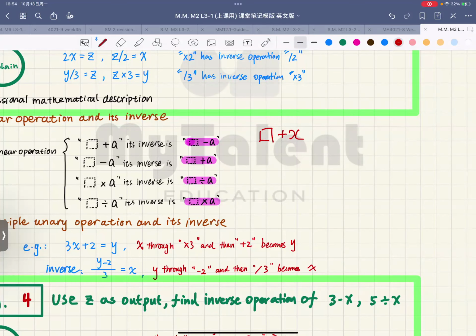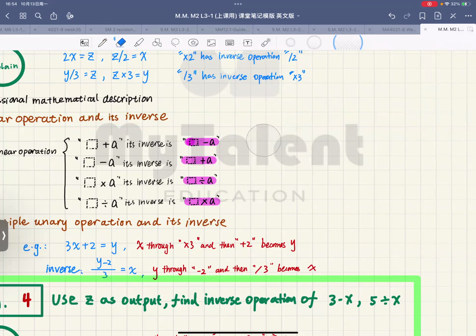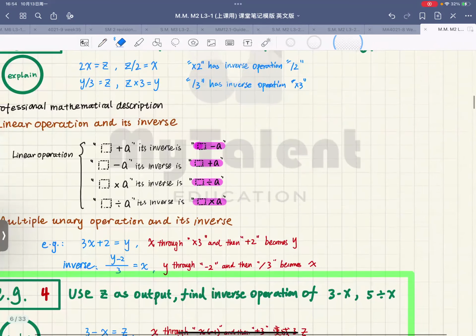We generally use x to represent a variable. No. So it's not a constant, so it's not a linear operation. All right, that's the definition of linear operation. Plus, minus, times, or divide by a constant. X is not a constant, so something plus x is not a linear operation. All right? Okay, now let's move on.